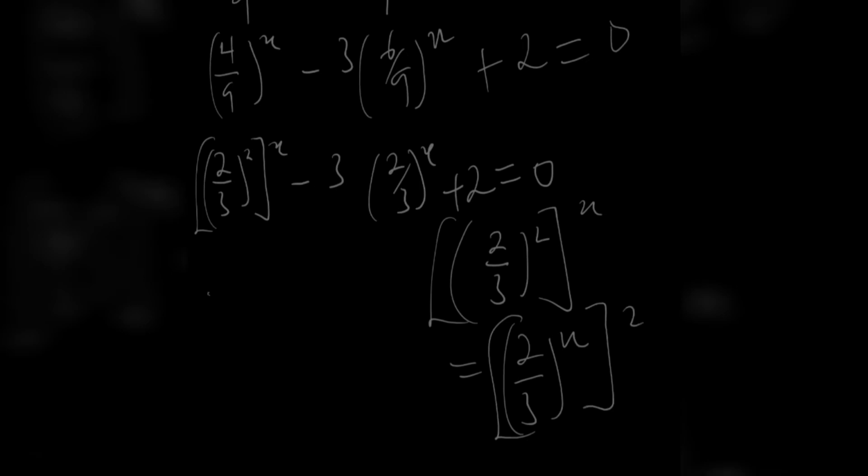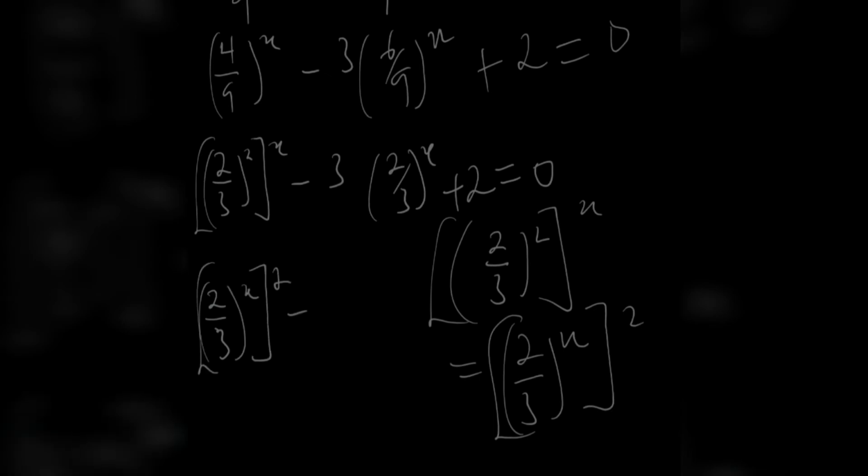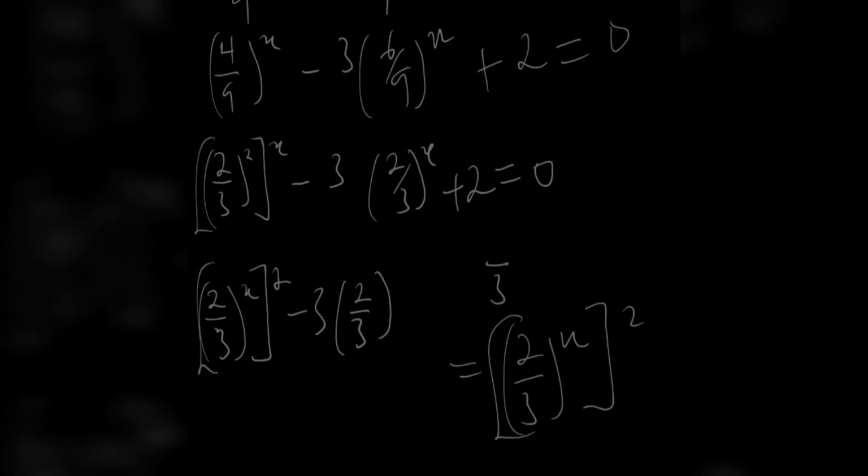So we can write this as (2/3)^x all squared minus 3 multiplying (2/3)^x plus 2 equals 0.